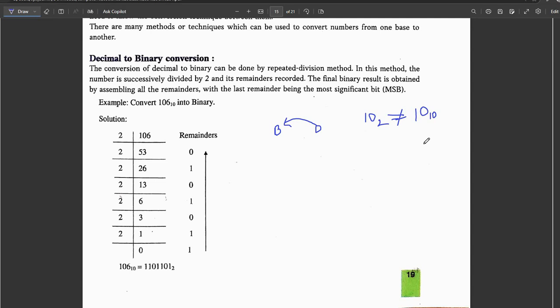Is it so? Yes, it is. This is a binary number and this is a decimal number. That is why 10 to the base 2 is not equal to 10 to the base 10.